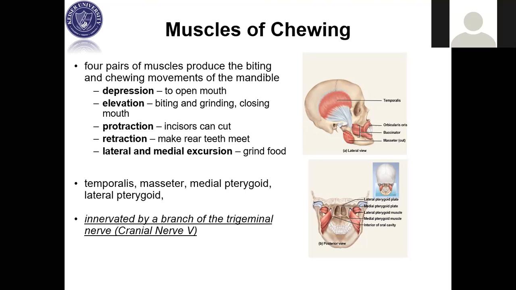I'm not going to ask you that you know every single muscle. But what I am going to want you to know, first of all, is how the mouth opens and closes and how the mouth moves to perform the chewing movement. When we depress the mandible, and what I mean by depress is bring your mandible down like this, we are opening the mouth.